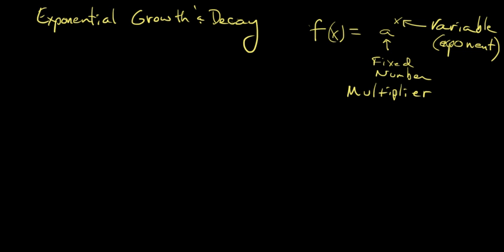Let's start by talking about bacteria. Now, you know that there's good bacteria and bad bacteria, but bacteria grow. So let's suppose we get a little dish in our biology laboratory, and we start out with 25 bacteria, and we know that they're going to double each hour.